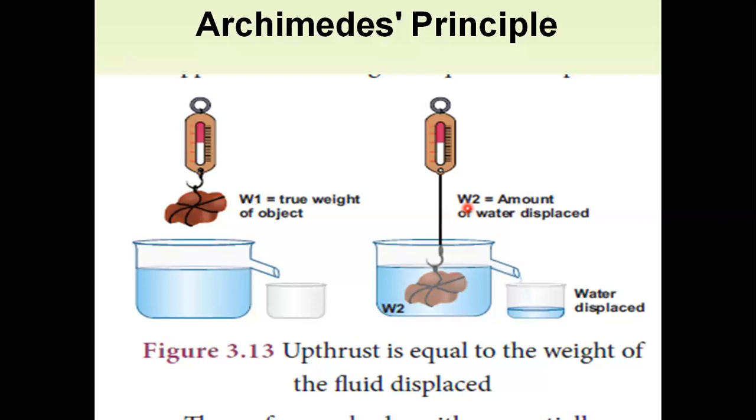How do we tell whether a body is positively or negatively buoyant? When the sign of apparent weight is positive, then the object will sink inside the liquid. And when the sign of apparent weight is negative, then the object will float on the surface of the liquid.